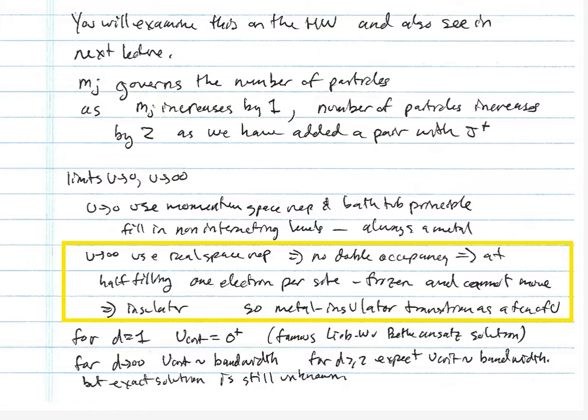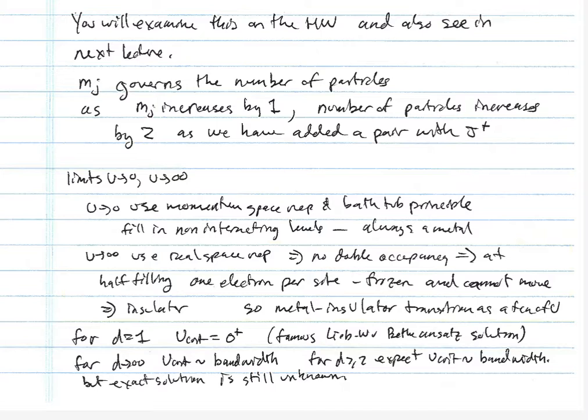I don't know whether each lattice site has a spin up or a spin down on it, but those electrons cannot hop, because in order to hop I would create an empty site and a doubly occupied site, which I can never have. So the electrons are frozen on each site, and that is an insulator. That insulator is called a Mott insulator. It's an insulator that only occurs because of strong correlations, or strong interactions, given by the infinite value of U.